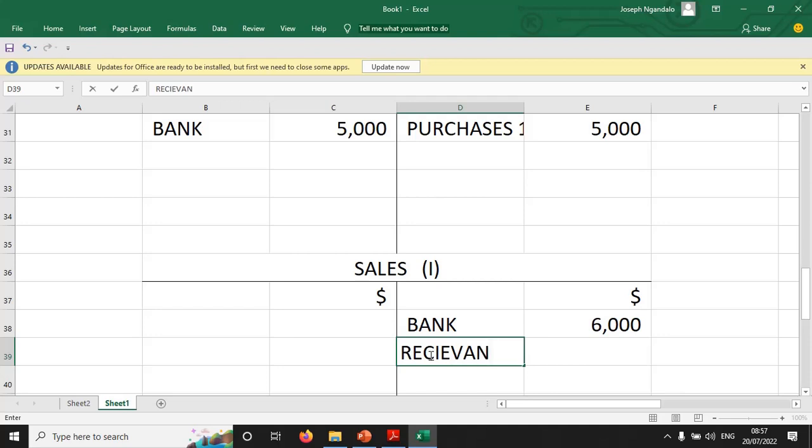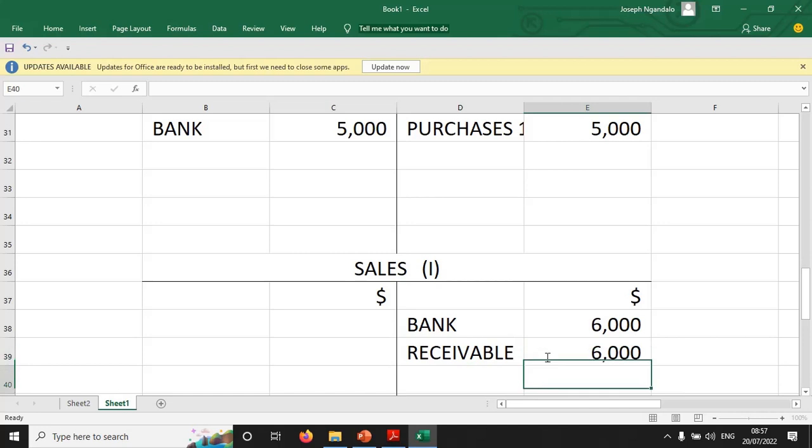Is that correct? And I've done the wrong thing now. It's supposed to be EI. How much? 6,000, right? All right. Can we proceed?